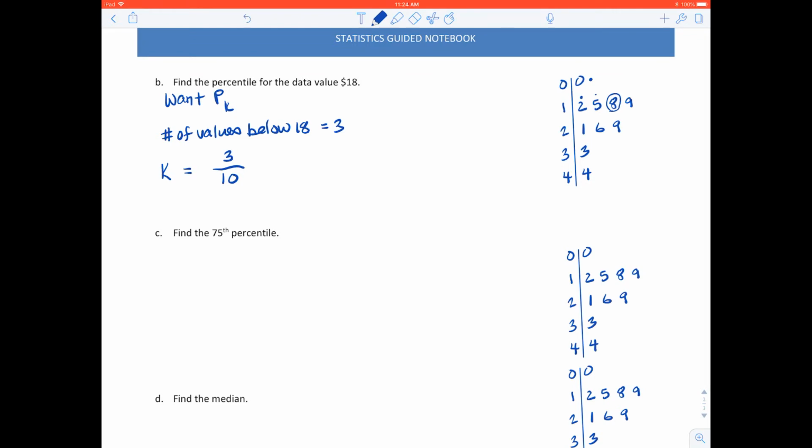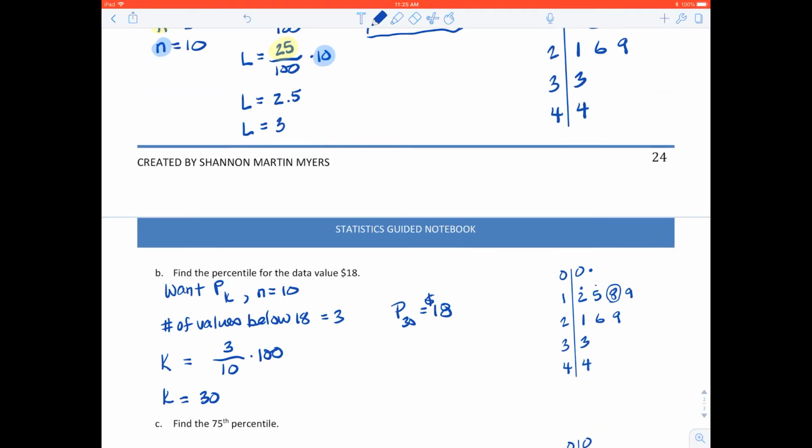So remember, N was 10, and then times 100. So K is equal to 30, right? So the percentile for the data value 18 is the 30th percentile. And that's still in dollars, right?